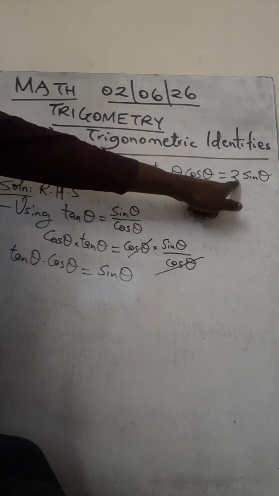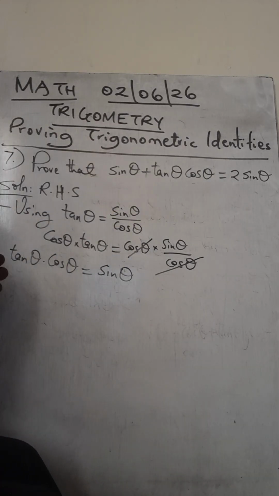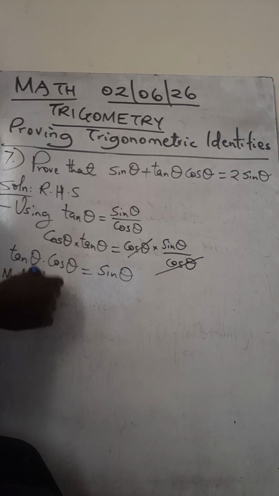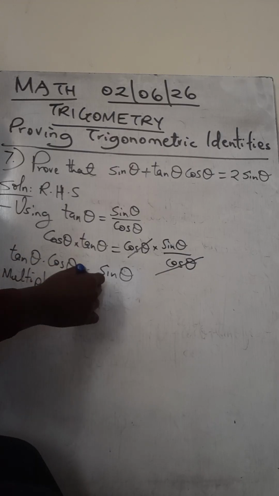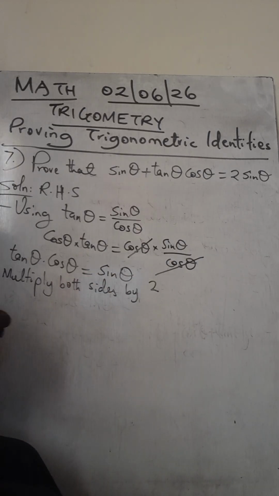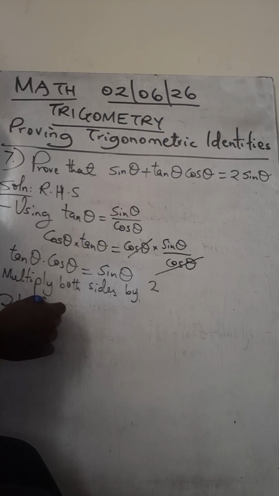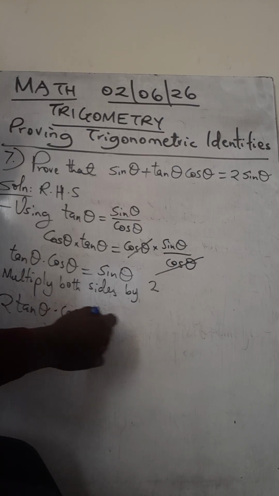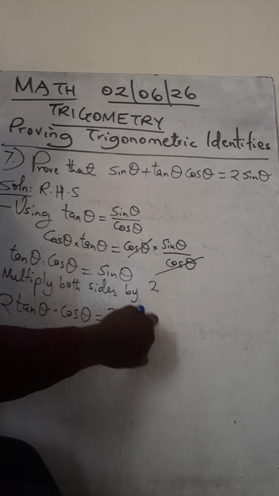But here there are two. So you can multiply both sides by 2. By 2. So you have 2 tan theta cos theta equals 2 sin theta.